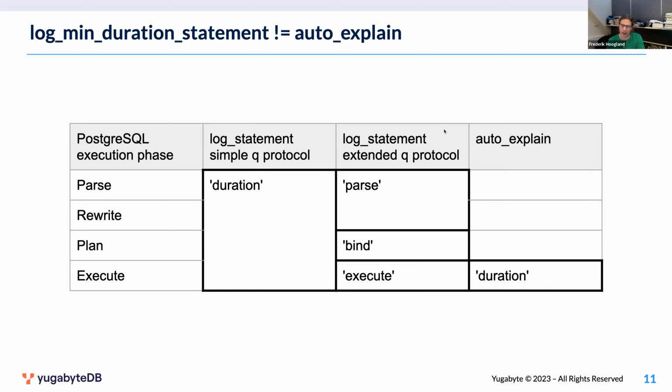And if you're using auto-explain, then the duration of auto-explain is only the execute phase of the Postgres overall execution. This time is also the time which you will see in pg_stat_statements. pg_stat_statements only takes the execute time as the time of a statement.